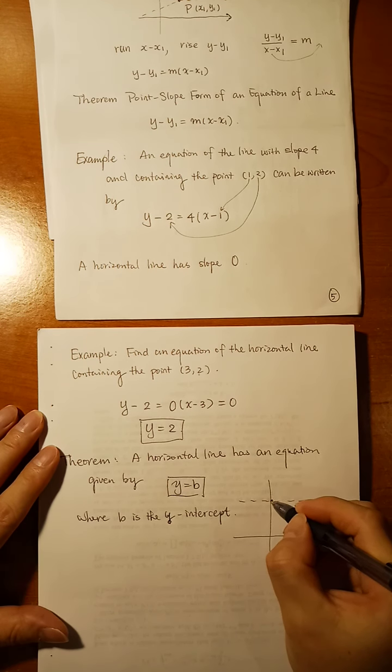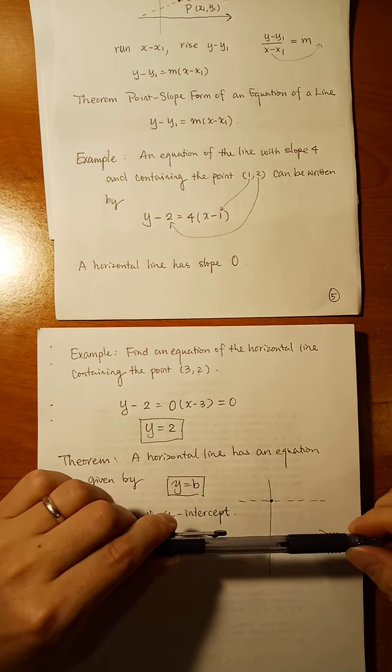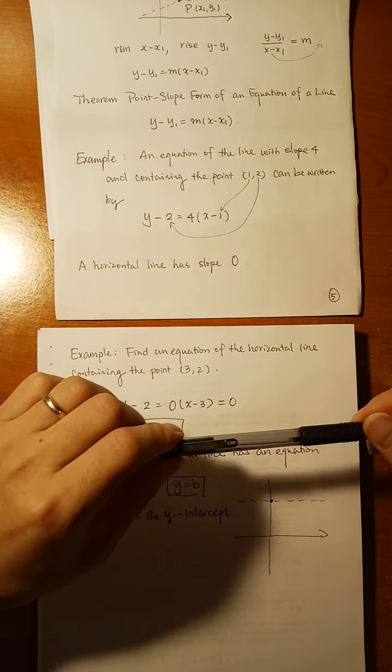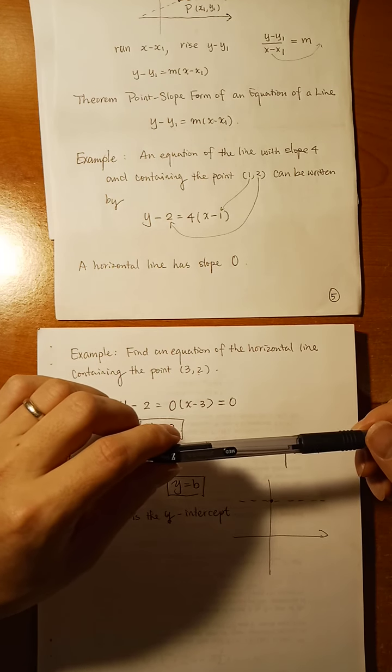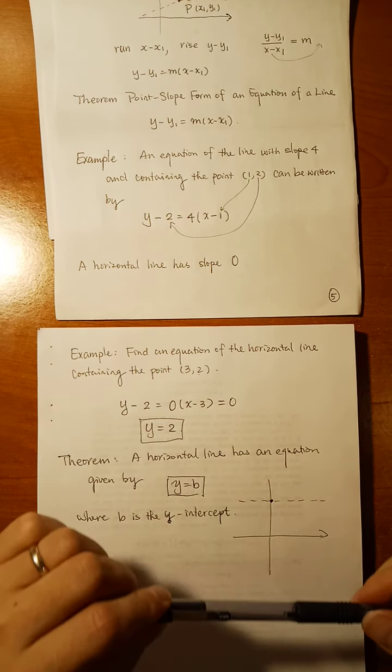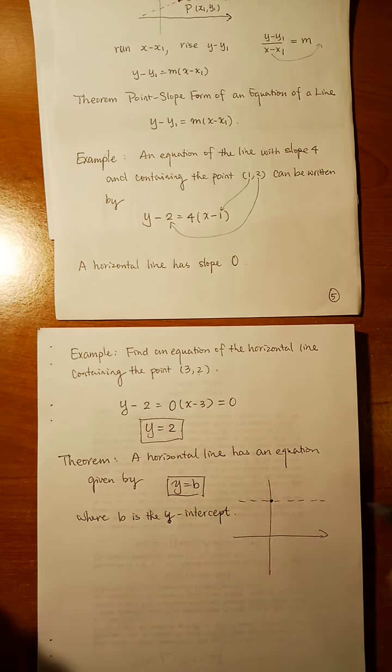So this line only depends on the height. It's like your roof. You say your roof is 2 meters tall, or 1.9 meters tall, or 3 meters tall, whatever. It only depends on the height. So this b is a height.